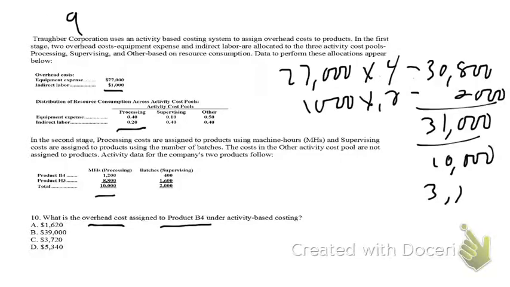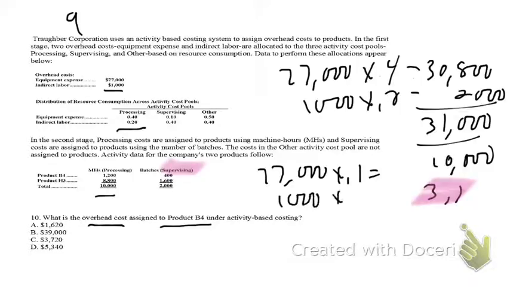Let's keep that number. That is for the processing. Now I need to do the same thing for supervising. I've got 77,000 times 0.10, or 10%. And then I take the 1,000 times 0.4. When I do both of those, I get 8,100. Now I divide that by 2 grand, and that gives me $4.05.